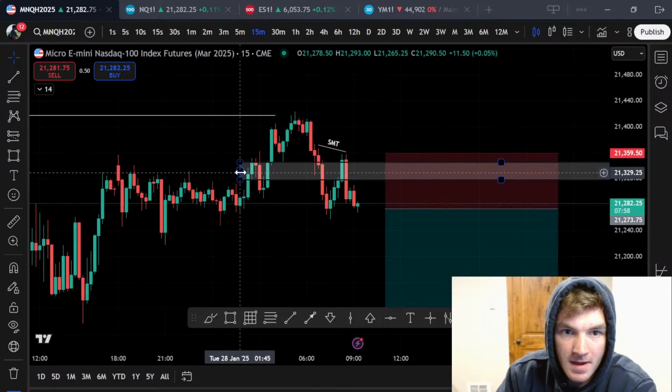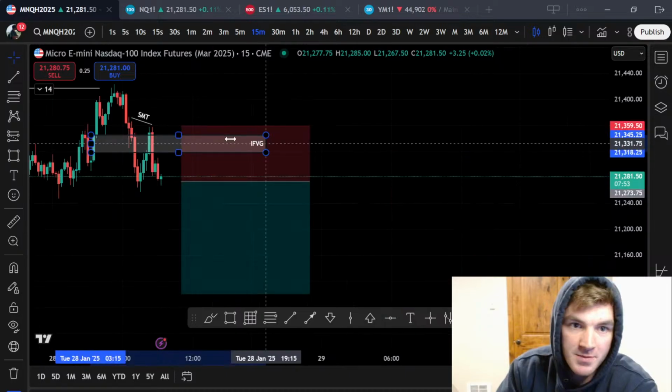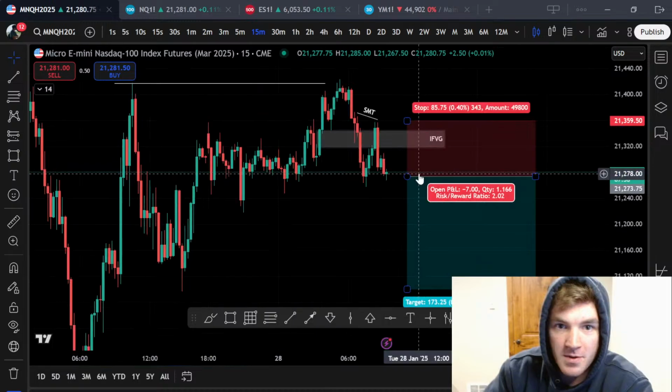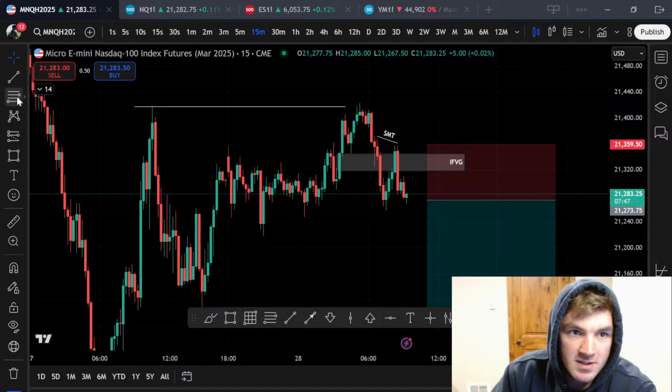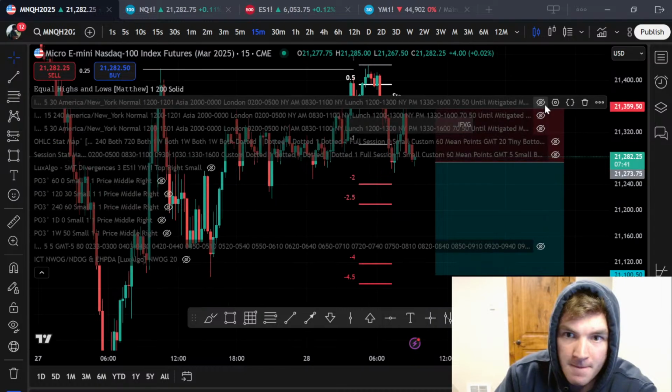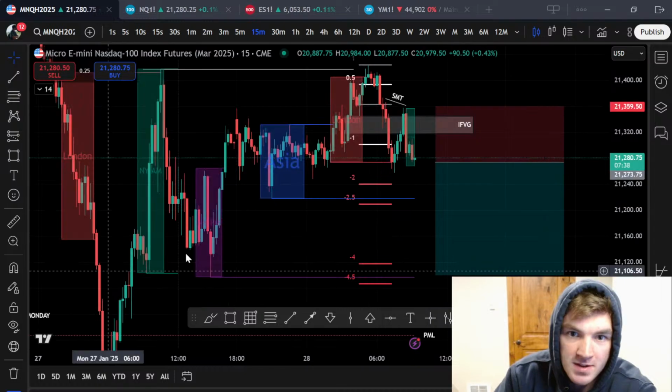So yeah, IPG on the creation of this breaker. Essentially, that's my entry, once we get the creation of this breaker. I'm gonna enter with my stop loss above the SMT, and let's look at how the standard deviations align with both Asia's lows and New York PM's lows. These are the draws right now.